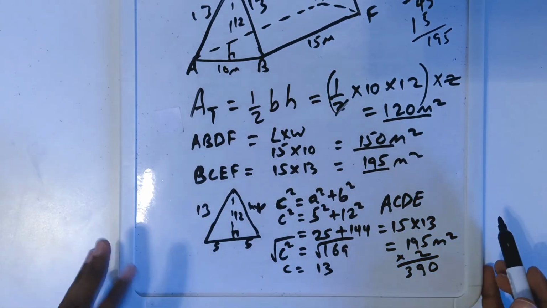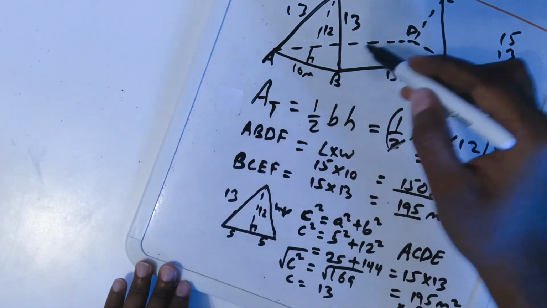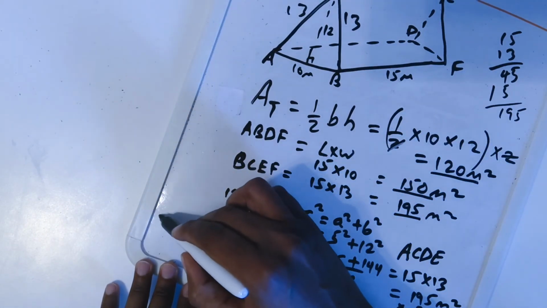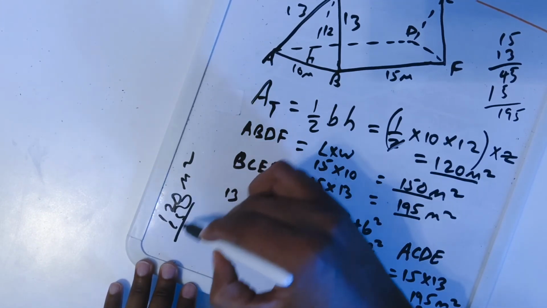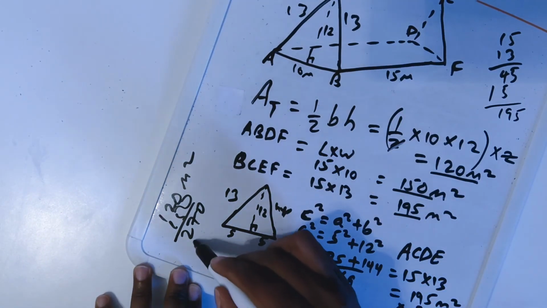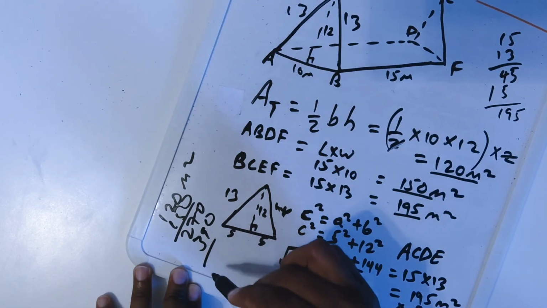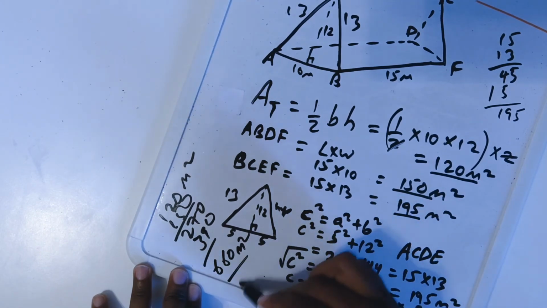So to find the area of the whole triangular prism, I add 120 meters squared plus 150, that is 270. Okay, 270 plus 390 will give me 660 meters squared.